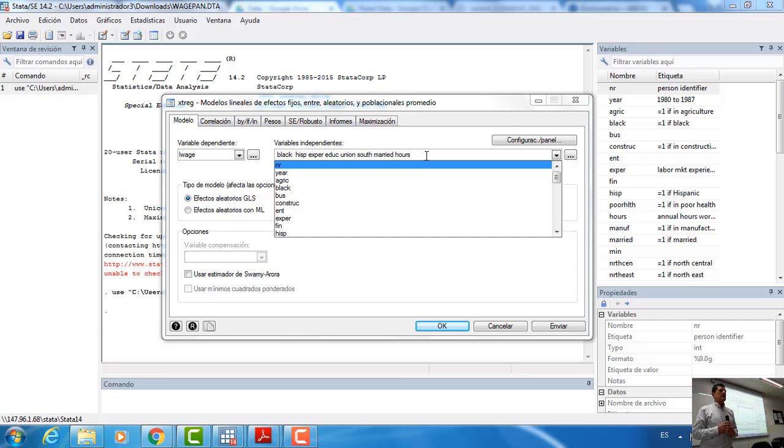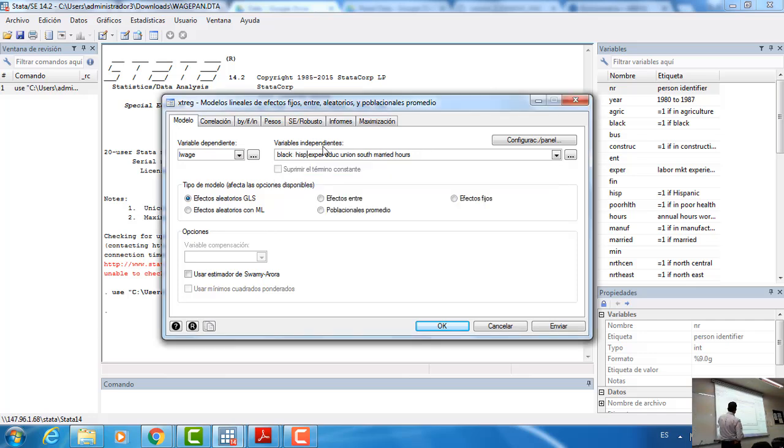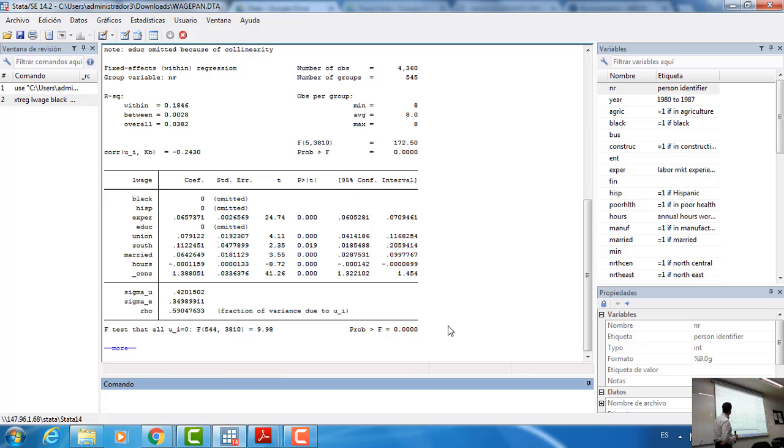Okay, so let's now run the regression, but let's use fixed effects. So what happened with fixed effects? There must be some problem because some variables have not been estimated, the coefficient has not been estimated.